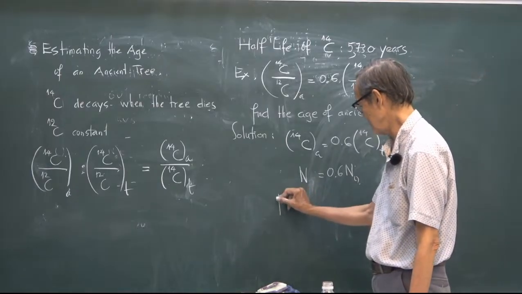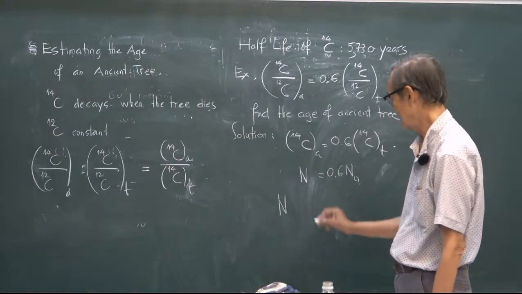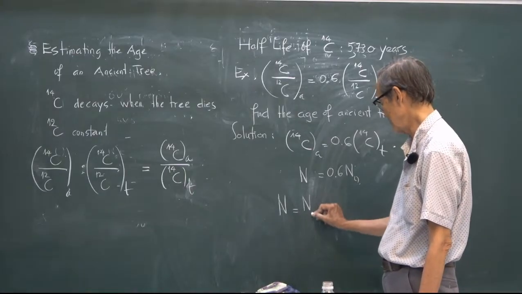So we use the formula N equals N0 e power minus lambda T.